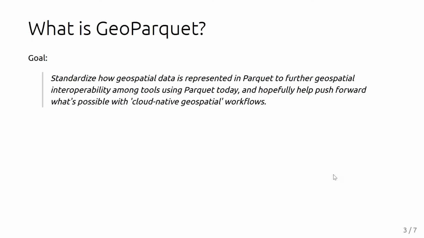So we want to standardize how we store such geospatial data in Parquet to ensure that there is interoperability between the different tools that use Parquet, packages, and cloud data systems, and that we can also push such a column-oriented file format into the geospatial world.